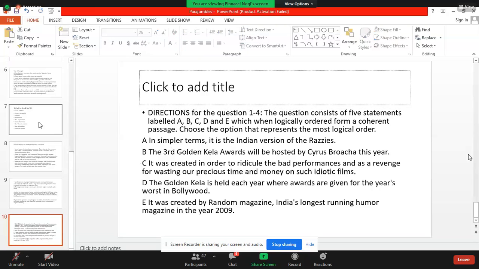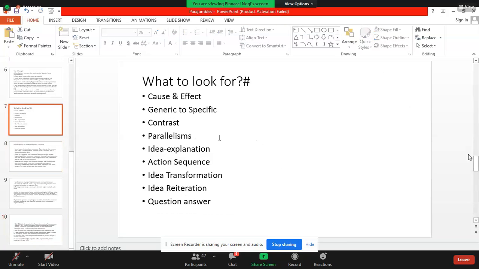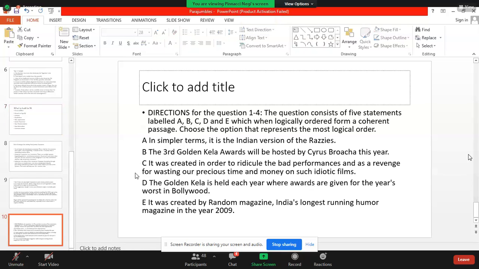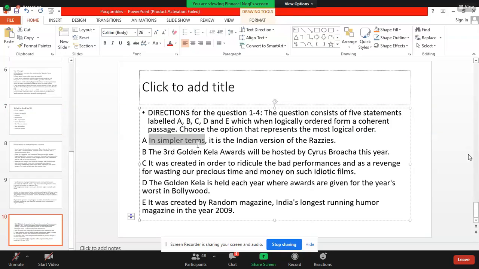Achha, one more thing that I want to talk about before we start solving questions. It will just take 2 minutes. Students, when you're trying to identify the parallelism, the correct order of the sentences, especially when you're trying to find the mandatory pair, like in this question, when I realized this in simpler terms, look at this statement, students: in simpler terms, this statement necessarily has to follow something said before.